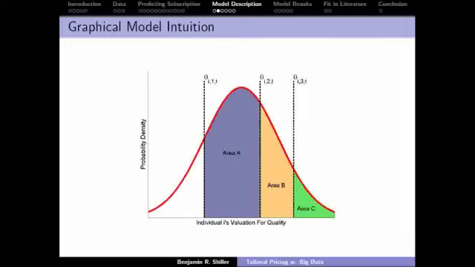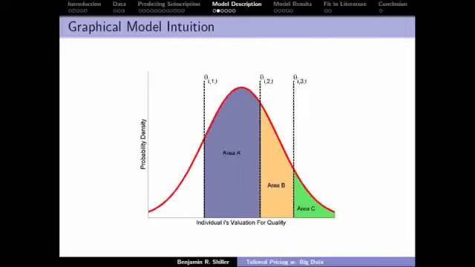If the error is high enough, if it exceeds this first threshold, the person will be willing to buy one DVD at a time as opposed to no DVDs. If it exceeds the second threshold, they'll be willing to buy the 2 DVDs at a time plan as opposed to the 1 DVD at a time plan, and so on. And so the probability that a person subscribes to the 1 DVD at a time plan is just the area under the probability density function between these 2 thresholds.